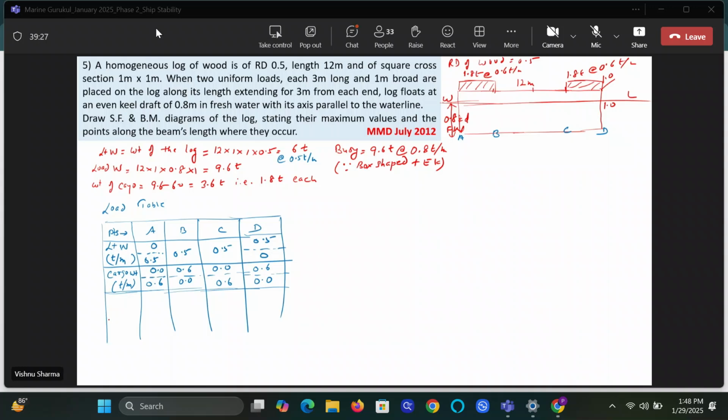Please complete for the total weight then. 0.5, it will come here. Okay.